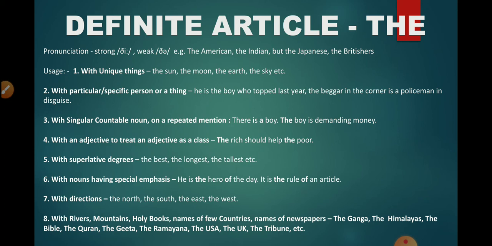Next one is a noun having special emphasis. This is again a tricky rule. You must find out the trick involved behind this rule. What is the trick? See, he is the hero of the day. It is the rule of an article. It is quite easy to identify the use of the definite article in these kinds of sentences.